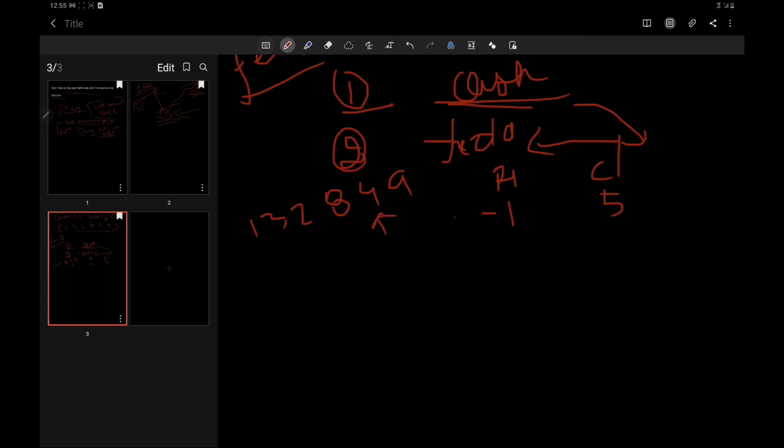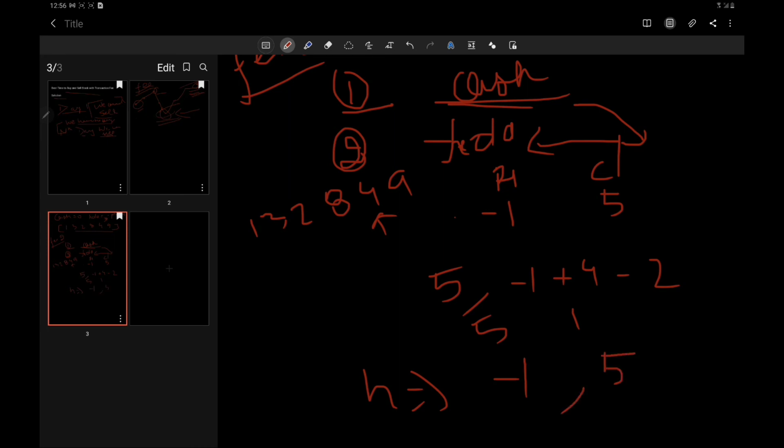We'll check whether we can perform the transaction or not. 5 comma -1 plus 4 minus 2. So we get 1, and the maximum is 5, so no. But our hold value will now change. So the hold value will be -1, or the maximum of cash minus the prices. That is 1. So the maximum would now be 1.